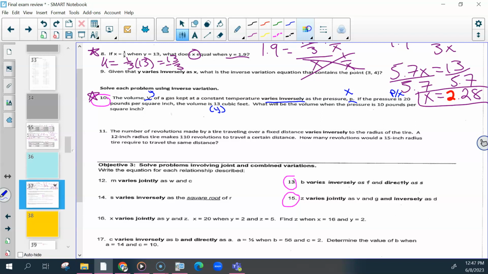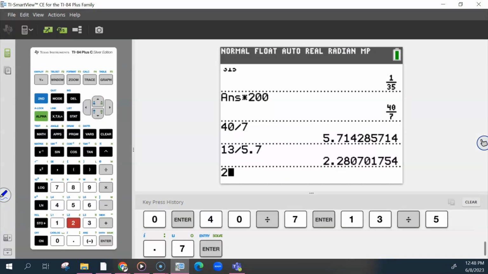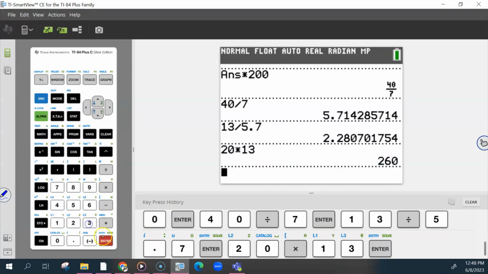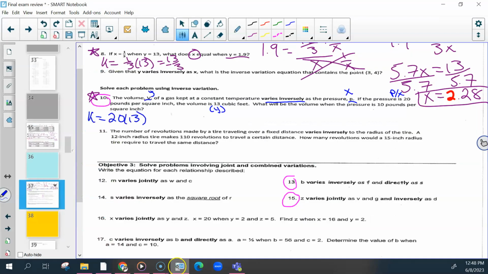So we're going to multiply those two together to find K. That would be our K value.